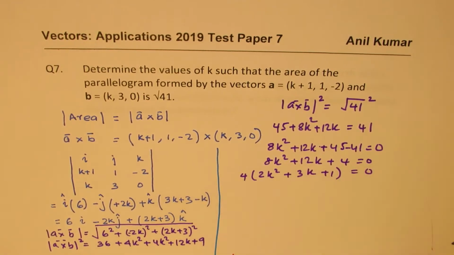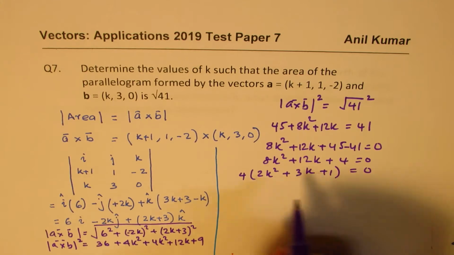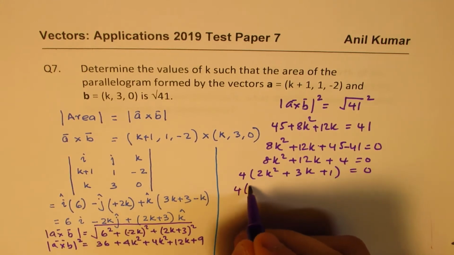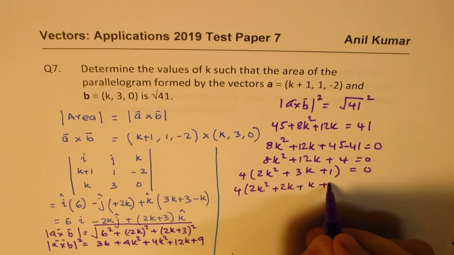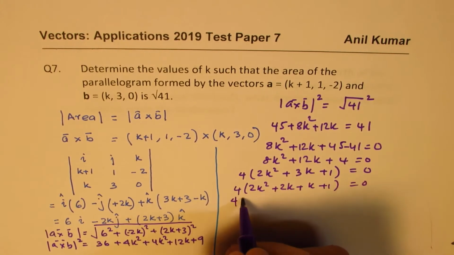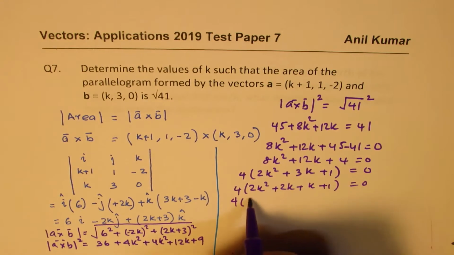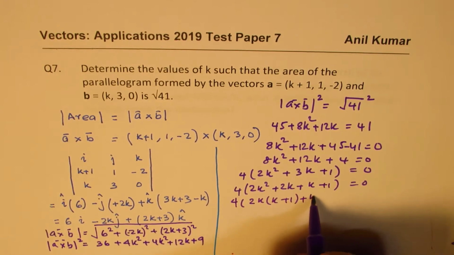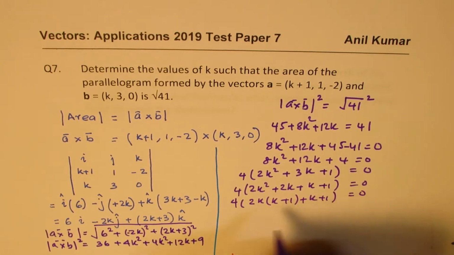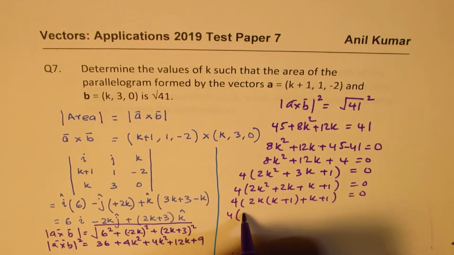Well, 2 times 1 is 2, and we need 3 as a sum. So we could write this as 2K squared plus 2K plus K plus 1. Let's factor it, right? We can take 2K common, so we get K plus 1, plus we already have K plus 1 here. K plus 1 is now common.